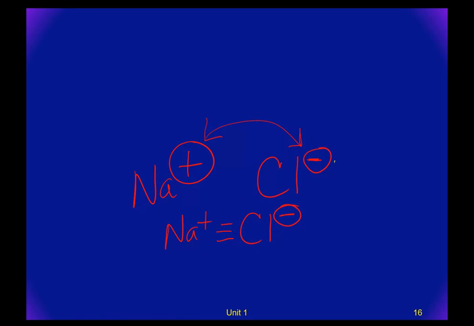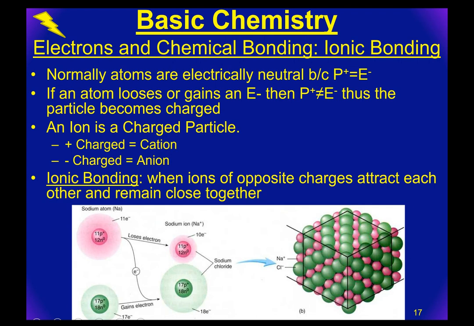Okay? That type of bond between a positive and a negative, that charge difference and that bonding caused by the opposite charge difference, is called ionic bonding because you have ions bonding to each other.